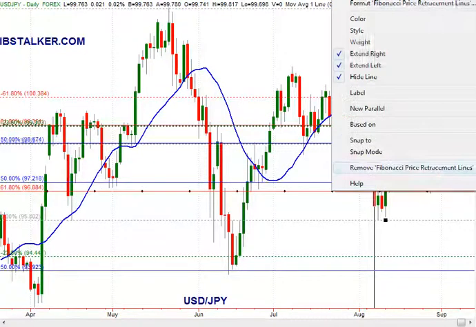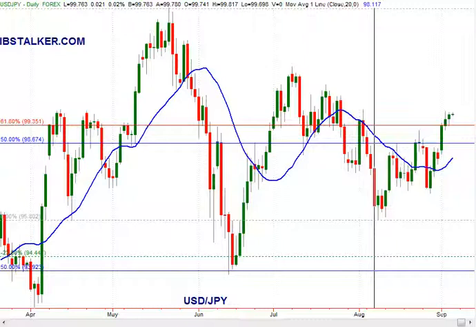Participation on the daily, the second one, brought price lower, but after that price found again a bid in the 4-hour chart, and price was pushed higher here, and it eventually broke 99.35.